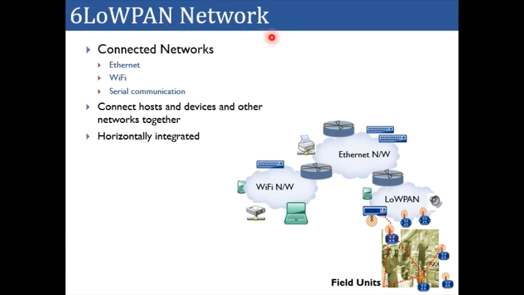Now, the 6LoWPAN network is a connected network where we can connect Ethernet, Wi-Fi, as well as serial communication based networks together. Let's see how it happens.